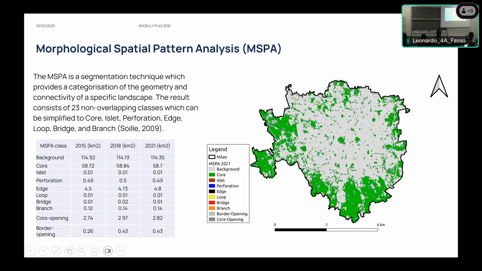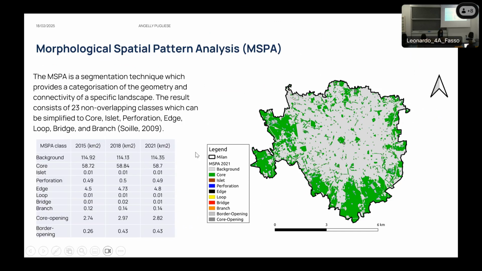So I decided to apply it to the vegetation pattern. I produced a binary map, or a mask, of the vegetation areas, and provided it to the program, where they have this computation, and this is the result, for each one of the land cover years.